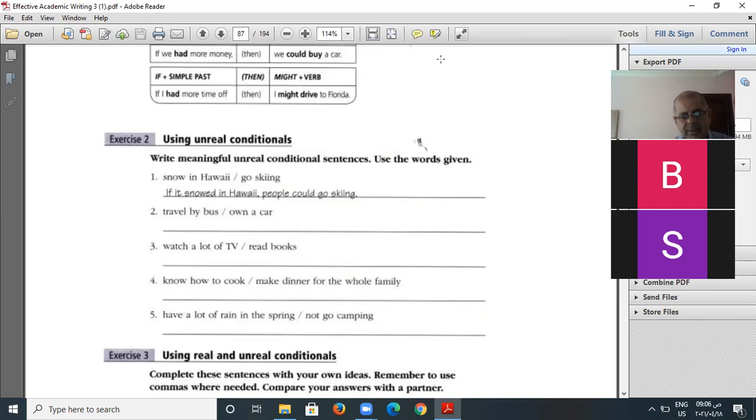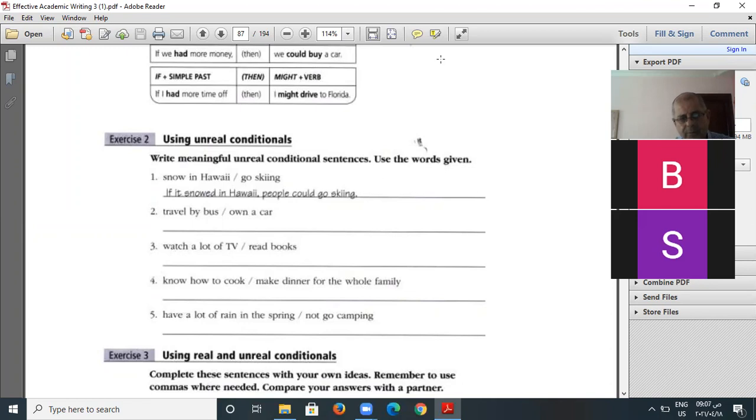Okay. Next. If we have a lot of rain in the spring, comma, I wouldn't go camping.